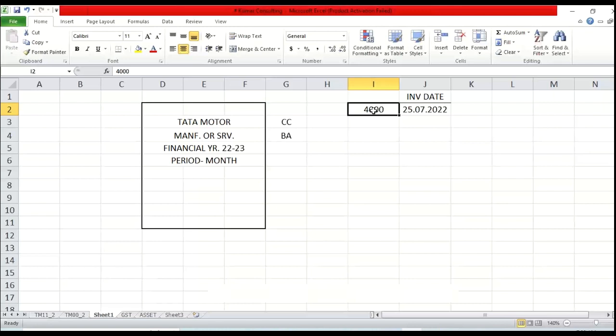Let's suppose this particular invoice was given to a particular person, Mr. A, saying this is the invoice which we have received, just take it.